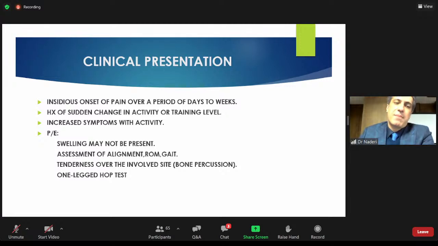In physical examination, the findings are not quite significant. Swelling may not be present in stress fractures, and it is necessary to assess the alignment, range of motion, and gait pattern of the patient. There is usually tenderness over the involved site that is perceived by bone percussion.